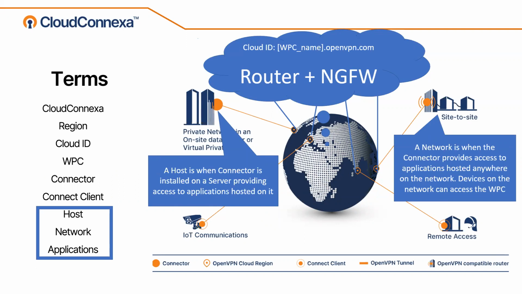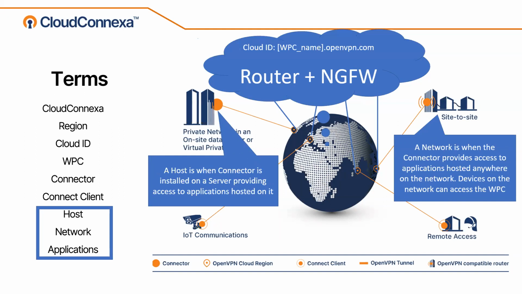Now, these resources, hosts, networks, and applications, are representations of an application server, a private network, and any TCP/IP services in CloudConnexa. So an application server on which the connector is installed with the intention of providing access to applications that are being served is configured as a host in CloudConnexa.